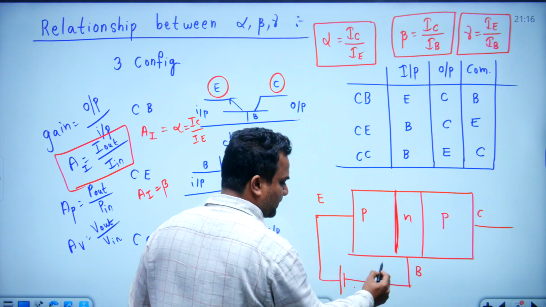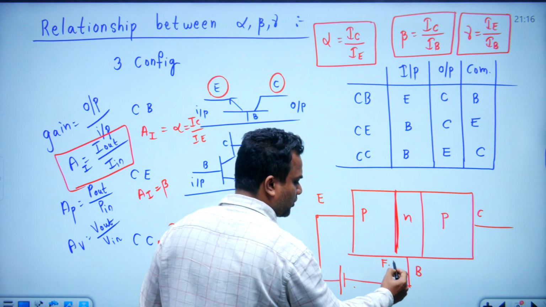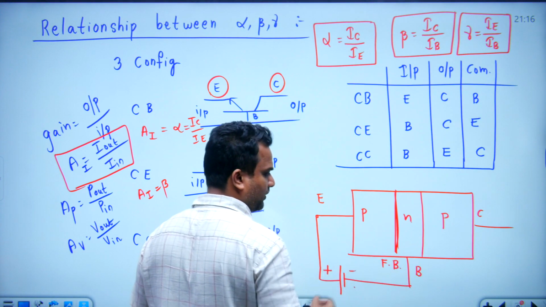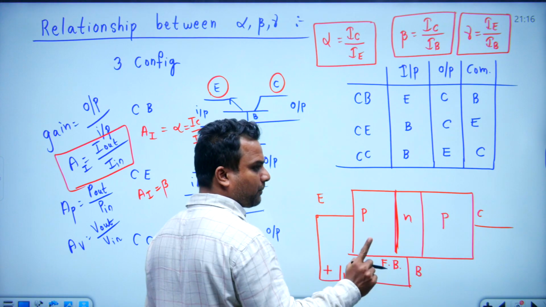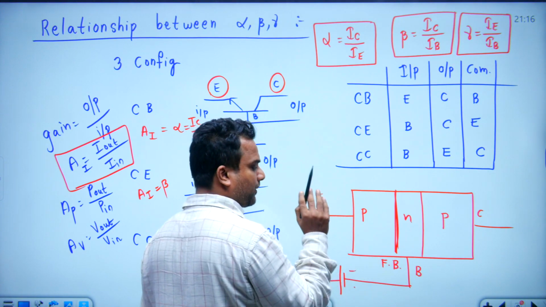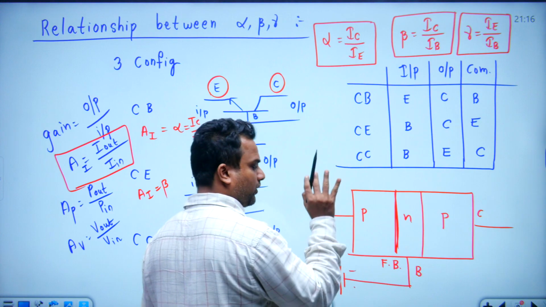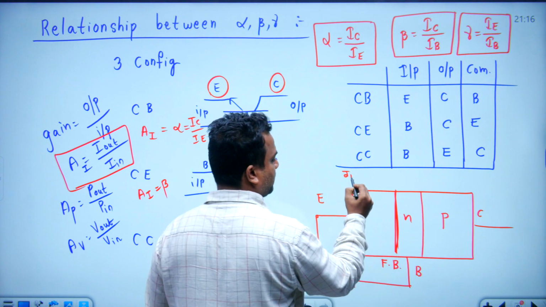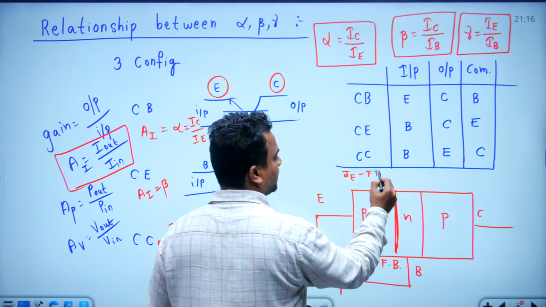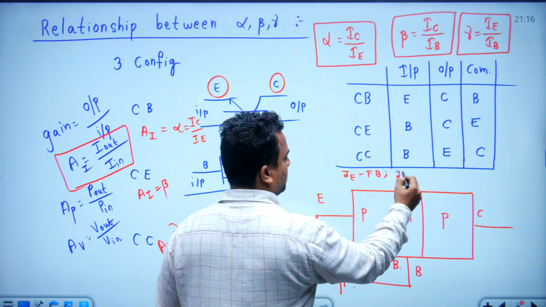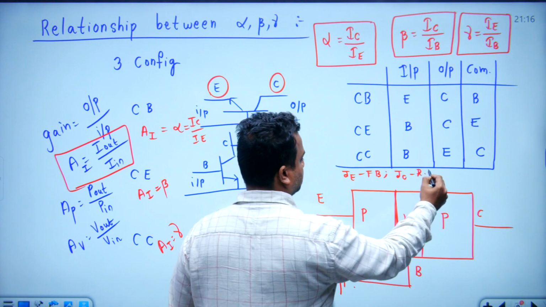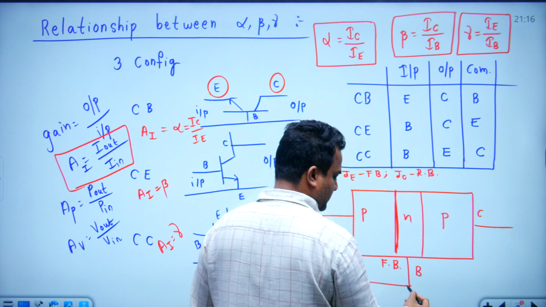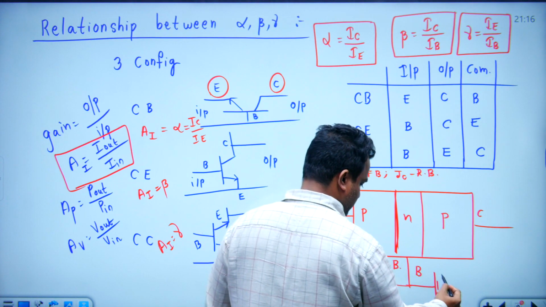Always the emitter junction must be forward biased. Hence P to P, N to N. Whereas for proper operation, we know, guys, if you want to use the transistor as an amplifier, the emitter-base junction must be forward biased, and the collector-base junction must be reverse biased. So now the collector to base junction, guys, like this.